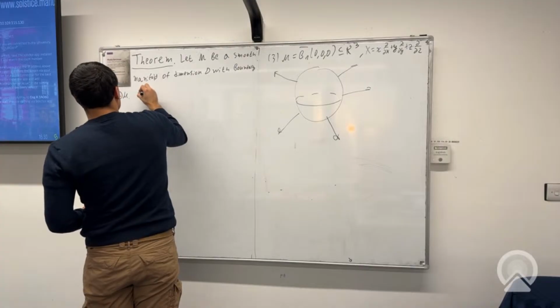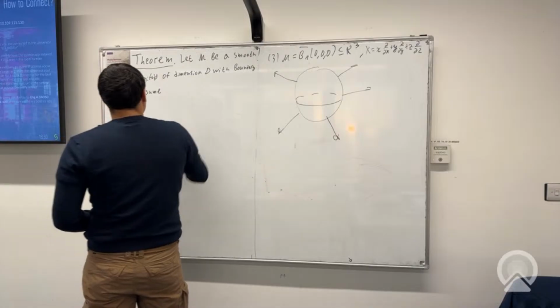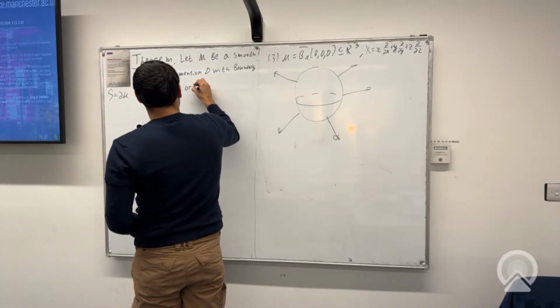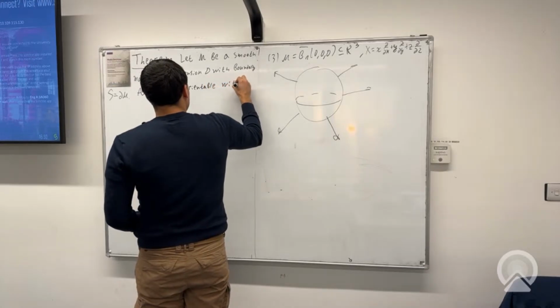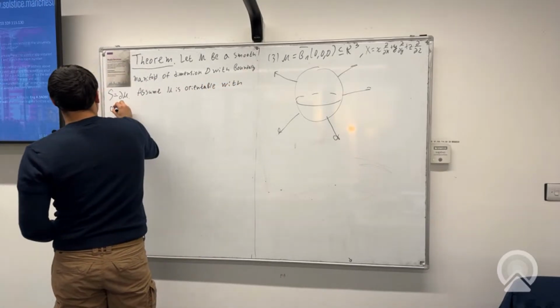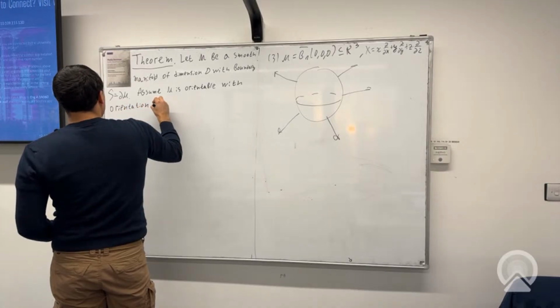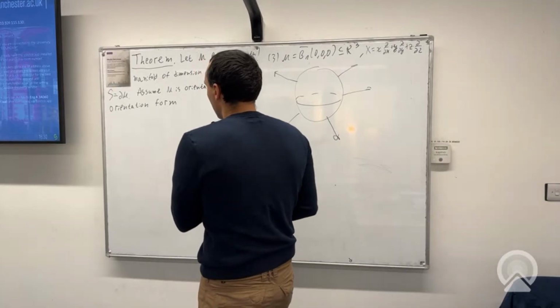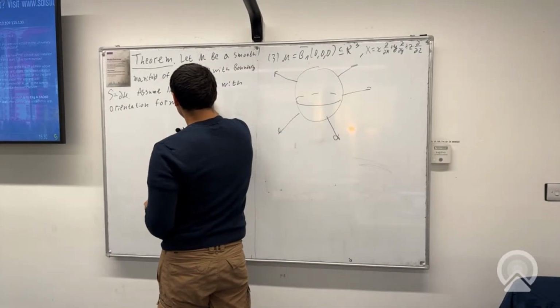Then assume M is orientable with orientation form. I said if we have a form and you multiply by a function, you get another orientation form, but let's fix some omega.